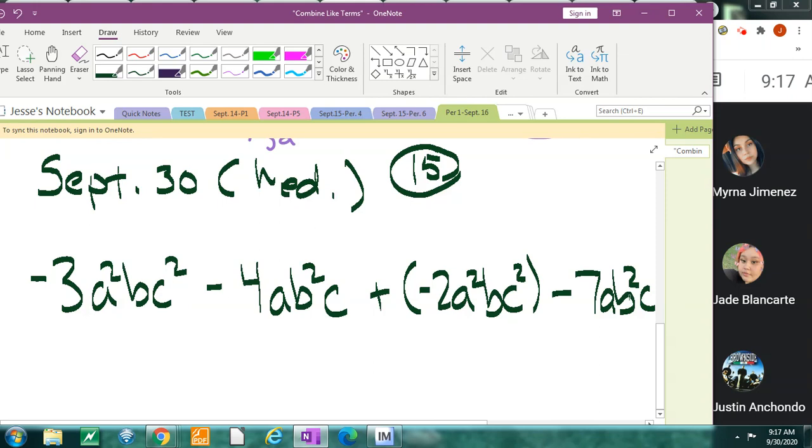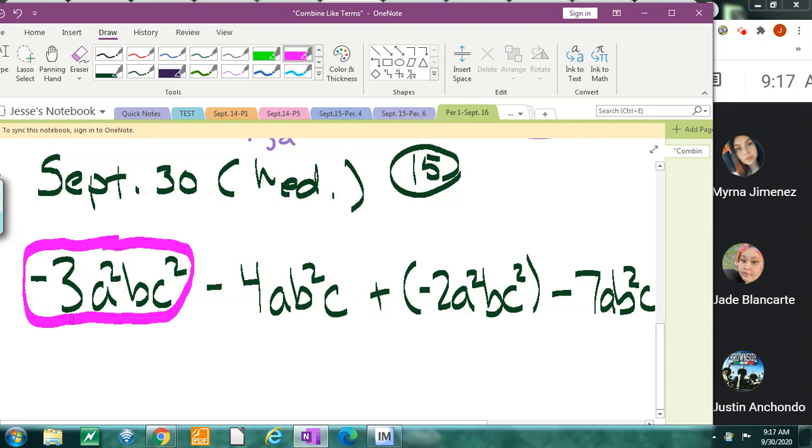So what do we do? Combine like terms. You have all these a squared, b squared, c squared, all this stuff, right? So let's see. Who can I pick on? Justin. So Justin, if I'm looking at this one right here, which other term is similar to negative 3a squared b c squared? Which one is the same?